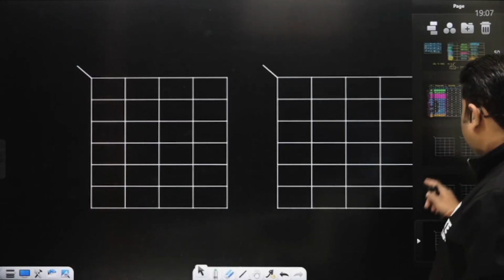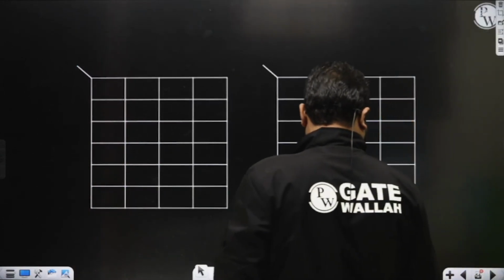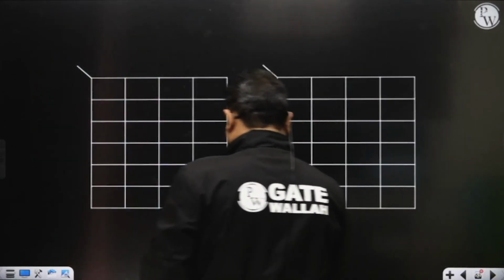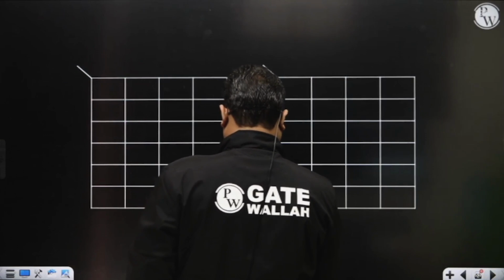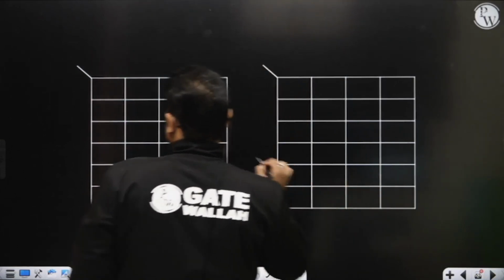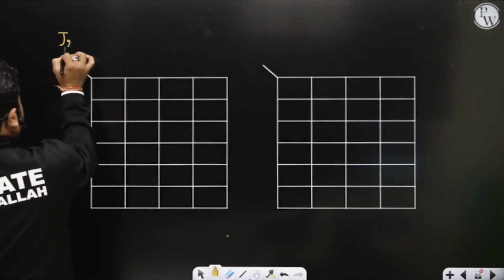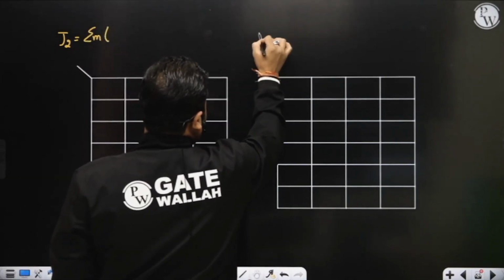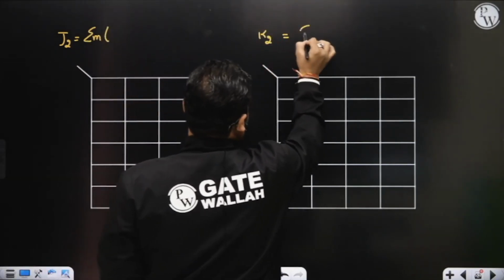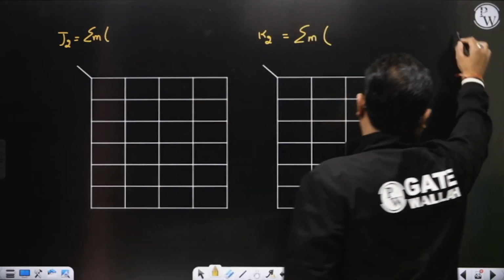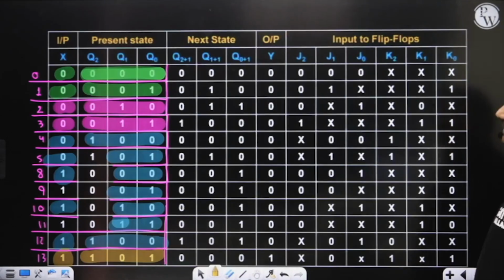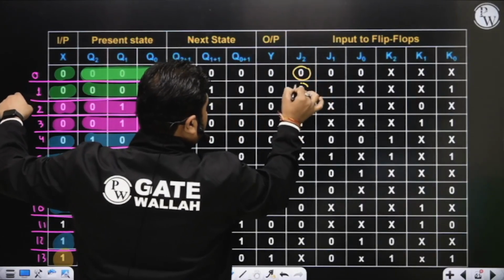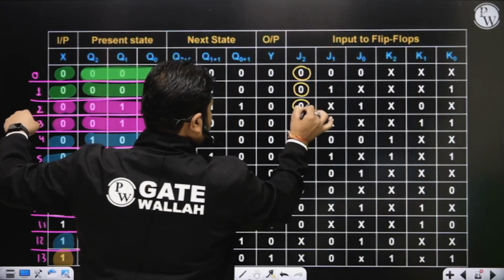First observe J2 and K2. Please observe J2 onto the binary condition of 0, 1, 2.